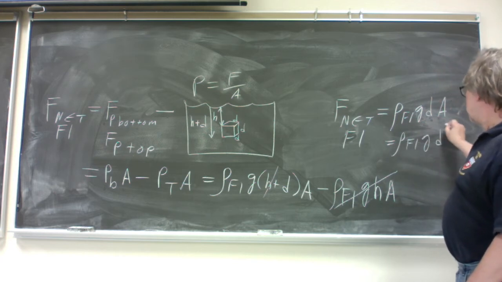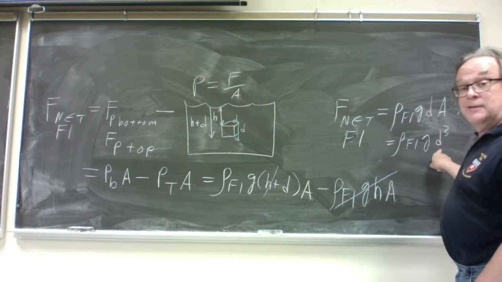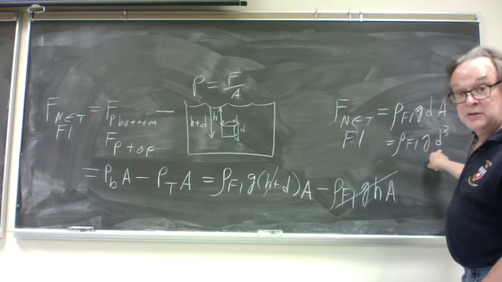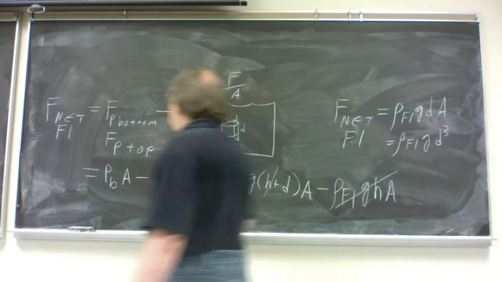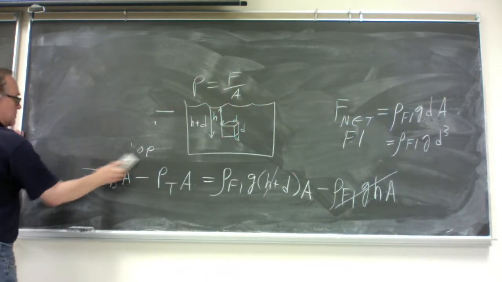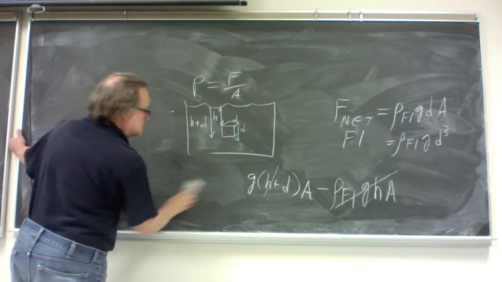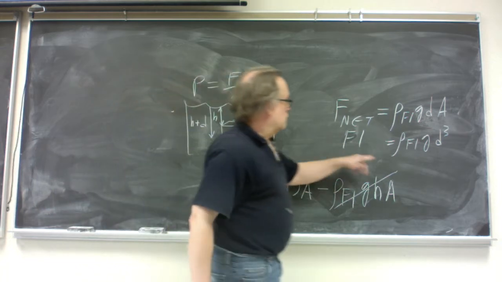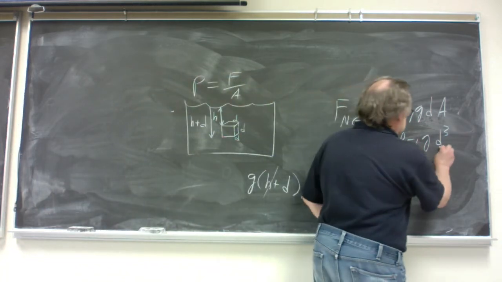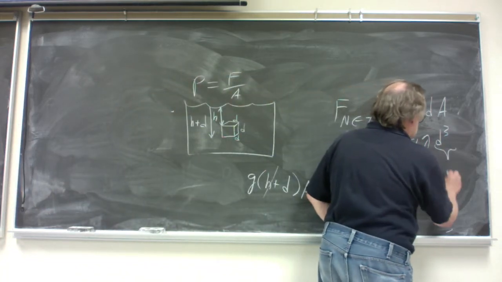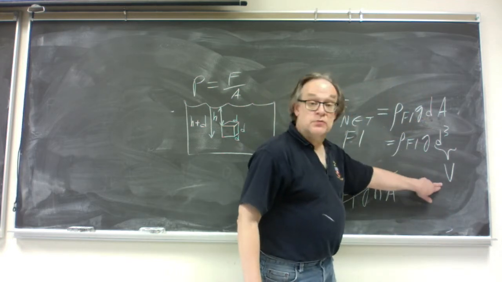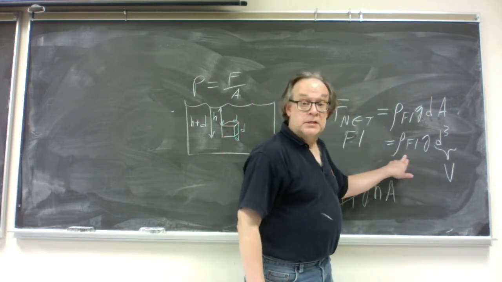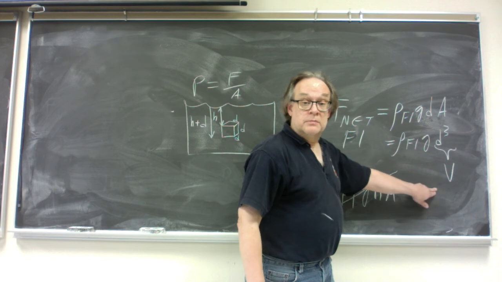So d times d times d is d cubed. That's the volume. That's the volume of the cube. So what are we left with? The net force is just density times volume, density of the fluid times the volume of the cube.